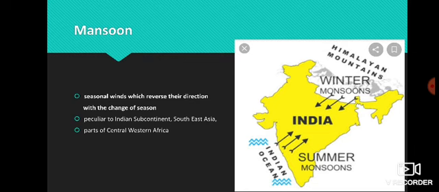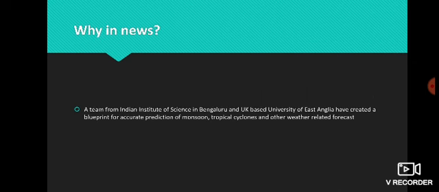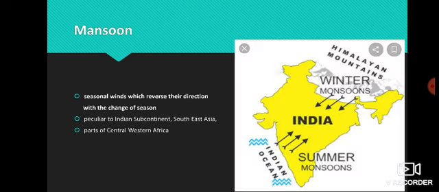So as I told you, they have created a blueprint for the prediction of monsoons. So let us see simply what monsoon is. Monsoon is a seasonal wind which reverses its direction with the change of season.